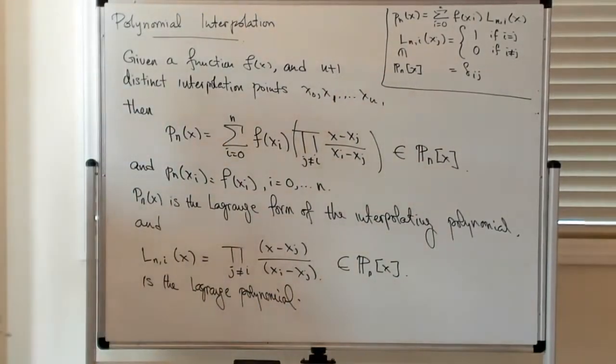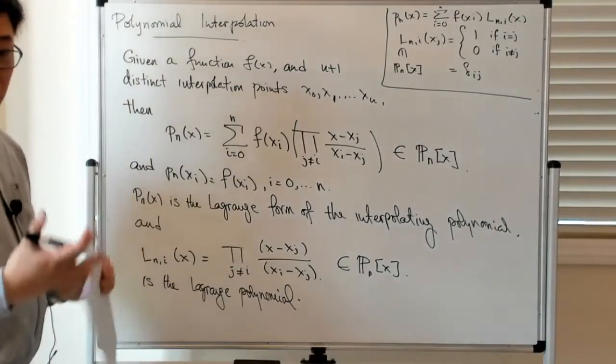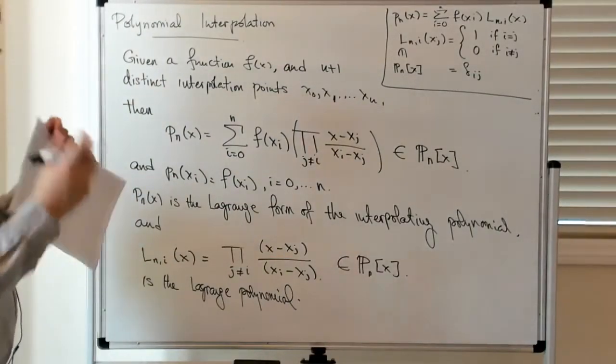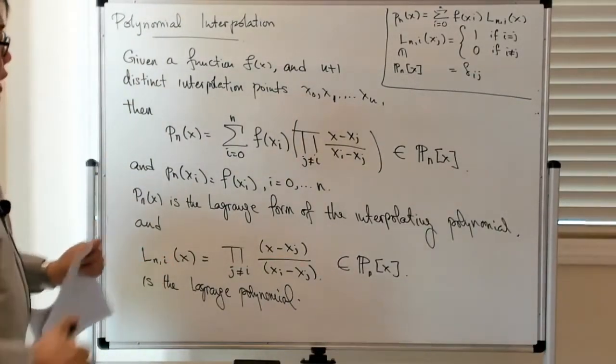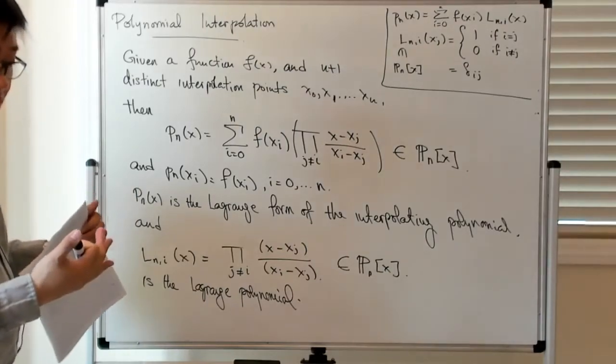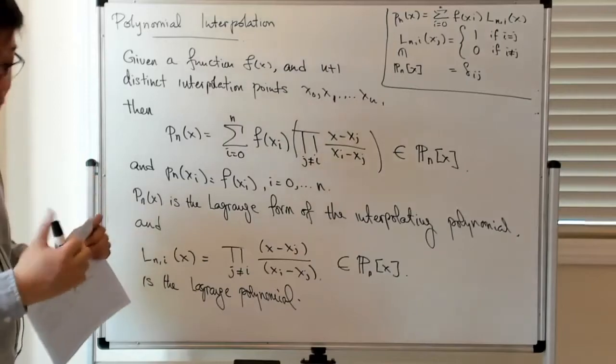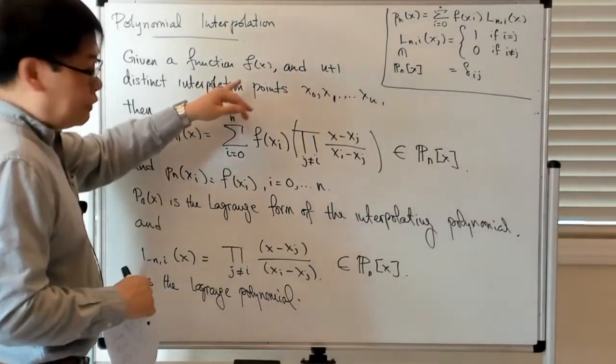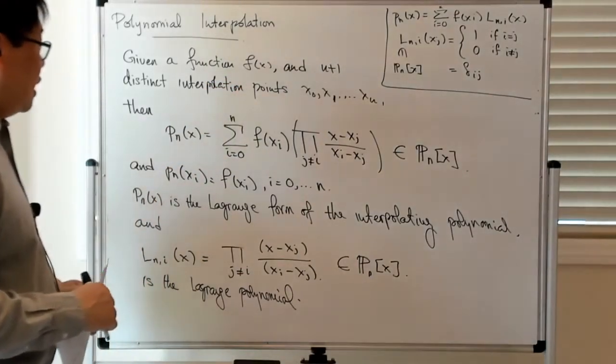So this gives you a systematic way of taking a given function and a bunch of points, and then constructing an interpolating polynomial, which is an approximation in some precise sense of the original function itself.